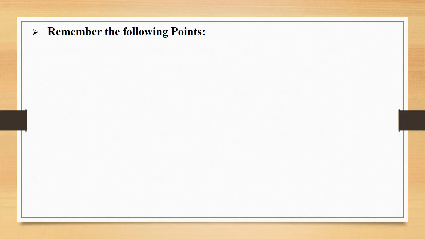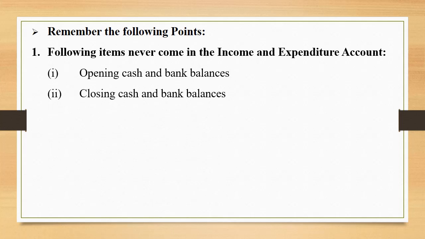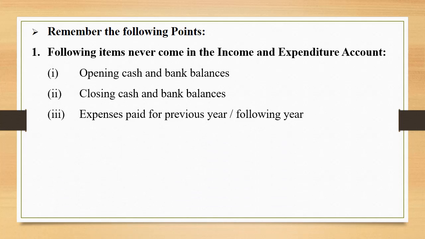Next are some important points to remember. The following items are never recorded in the income and expenditure account. Opening cash and bank balances, because that is a part of the receipts and payments account and opening balance sheet. Closing cash and bank balance. Expenses paid for the previous year or the following year also. Because we are into the income and expenditure account, it follows the matching concept.